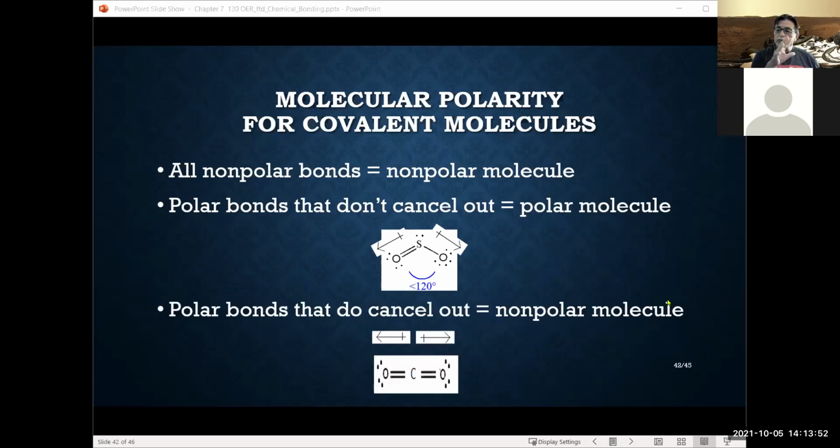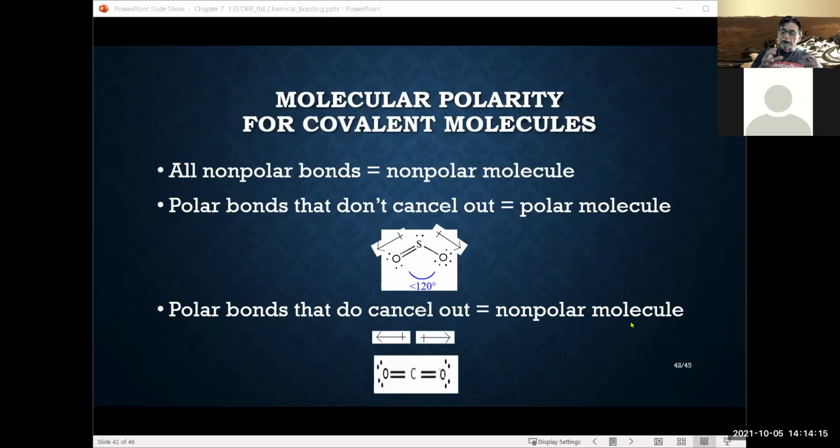And when the polar bonds do cancel out, when the arrows go in opposite directions, like I said, these arrows represent magnitude and direction. That means they cancel each other out, meaning that carbon dioxide, though it has polar bonds, is nonpolar.